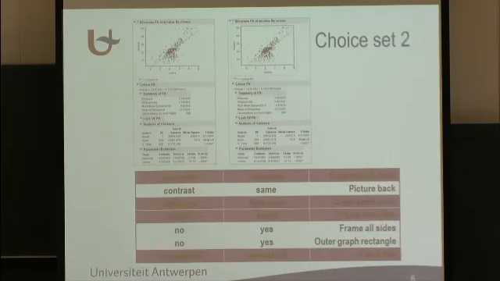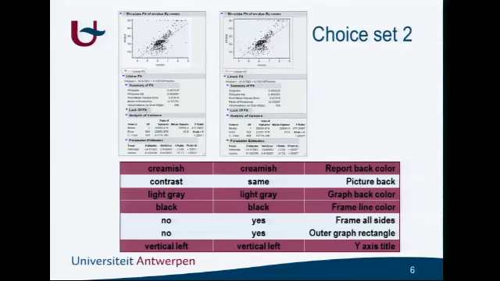Similarly, in the second choice set that you saw, only 3 of the 7 attributes had different levels. This time the picture background color, the frame that was used, and the outer graph rectangle that was used or not used. And again, the 4 other attributes had levels that were held constant.